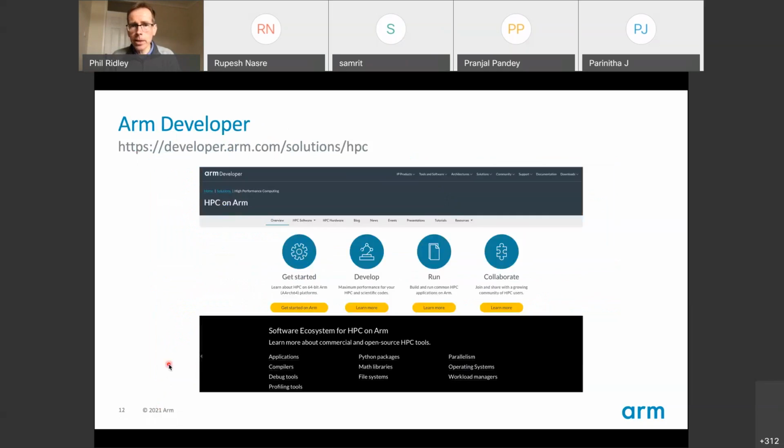There's also, on our commercial webpage, developer.arm.com, which has a lot of links, not just to commercial offerings, but also links to open source or how to get your application built.